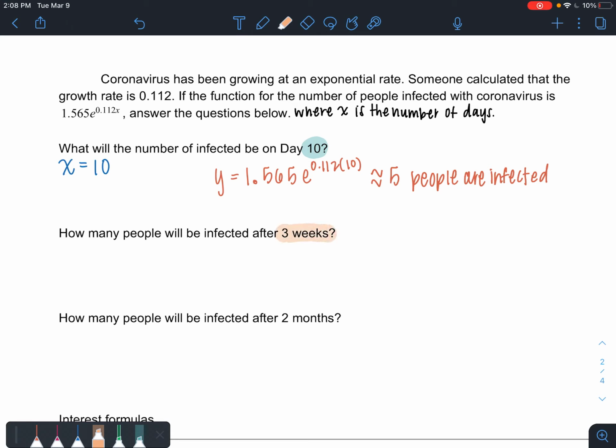All right, let's look after 3 weeks. Let's calculate the number of days. To find our x, we take 3 times the number of days in a week, 7, so x is equal to 21. So y equals 1.565 e to 0.112 times 21.